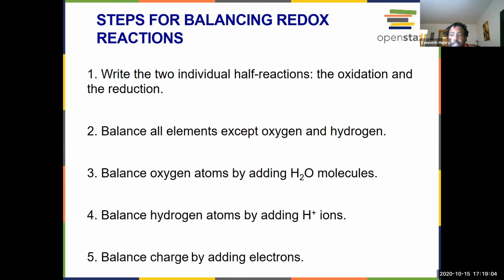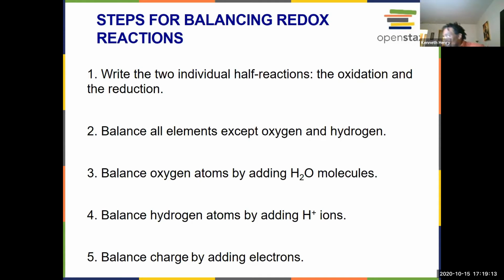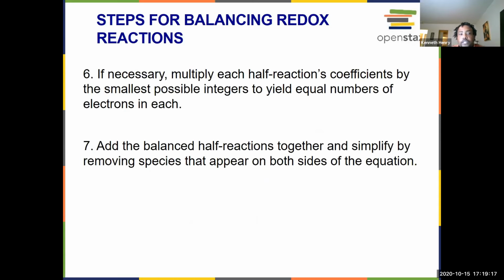We know the charge on an electron, what is it? Negative. Okay, good. So I want to be sure that we're in the right class now. If necessary, you can multiply by coefficients to try to get everything to balance out.